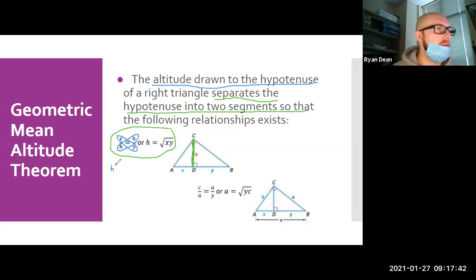So on one side, we would have h times h, and that would be equal to x times y. h times h is just h squared, which is equal to x times y. To get h by itself, because h is just the length that we're looking for, we take the square root on both sides of the equation, and then this cancels out, and we're left with h is equal to the square root of x times y.